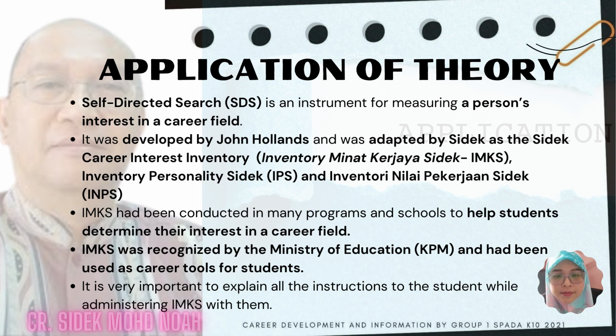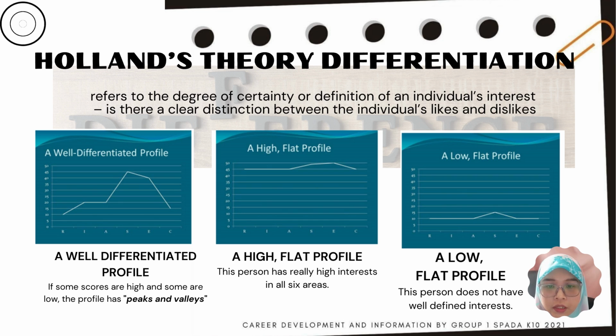In Holland theory, differentiation refers to the degree of certainty or definition of individual interest. It measures whether there is a clear distinction between the individual's likes and dislikes. The profile of personality can be categorized into 3 parts.